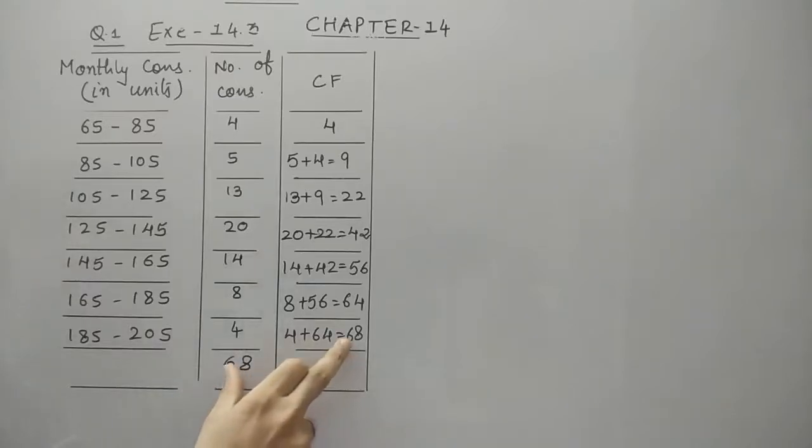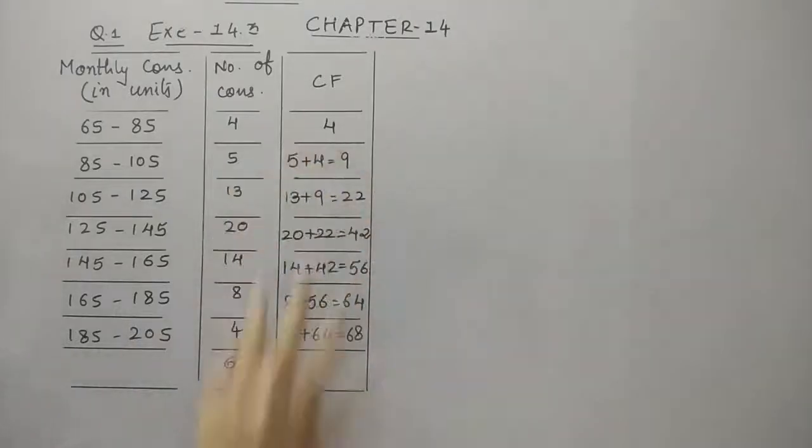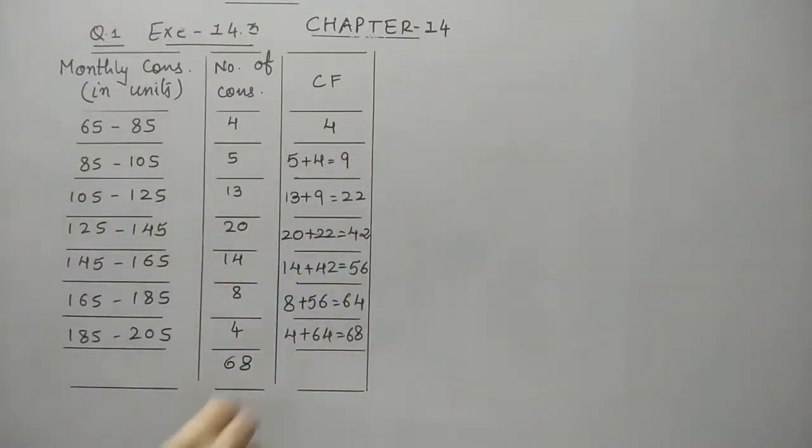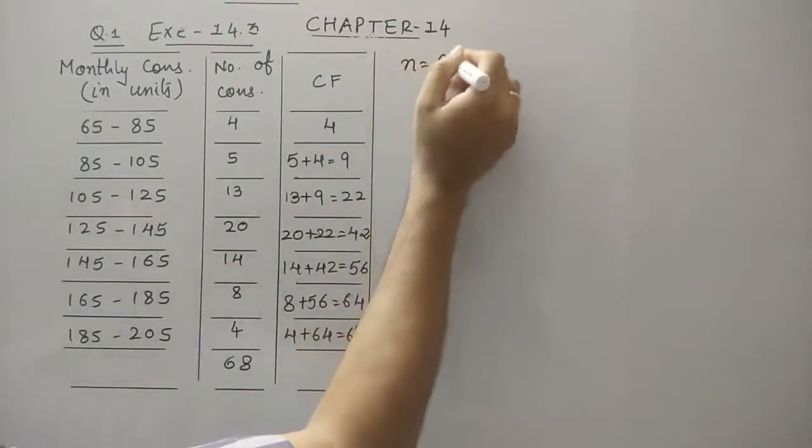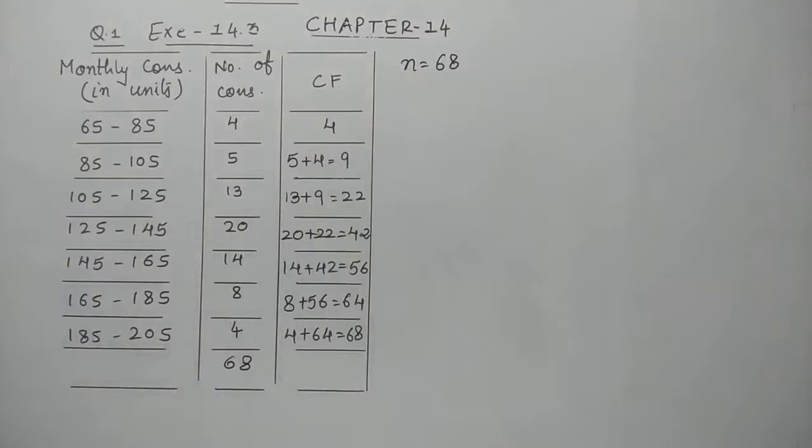If these two values are not the same, somewhere we have made a mistake. So every time we should verify by checking these two values. This value is called N, that is the sum of observations, or the total observations.